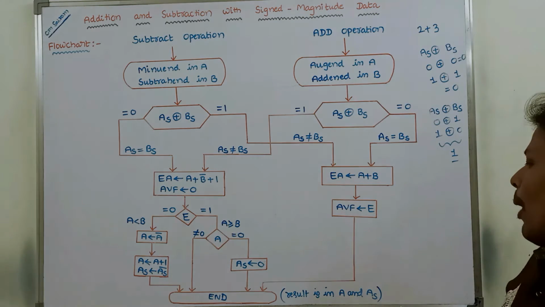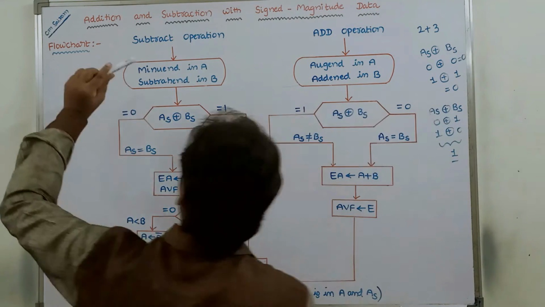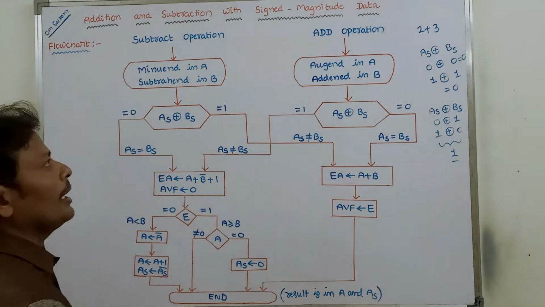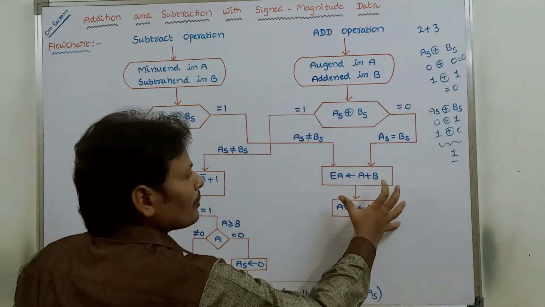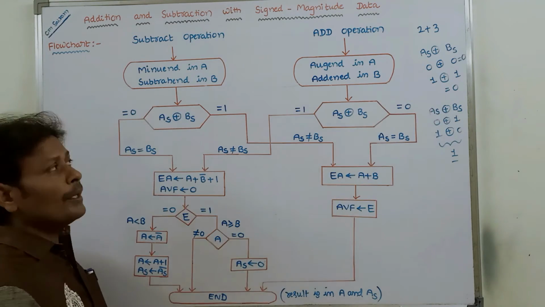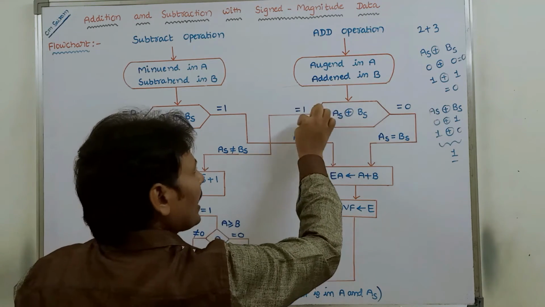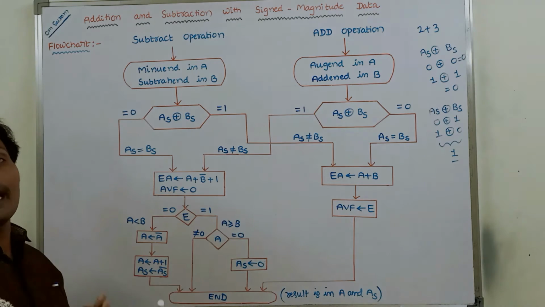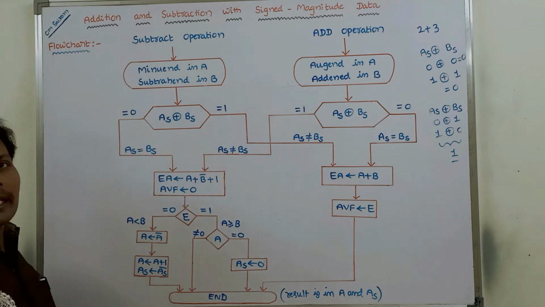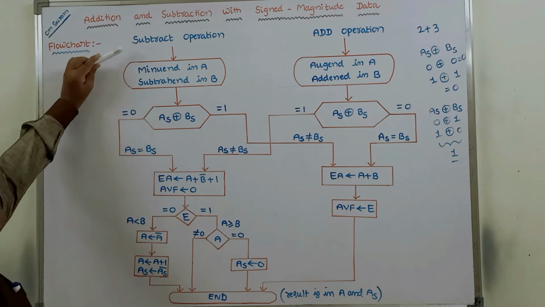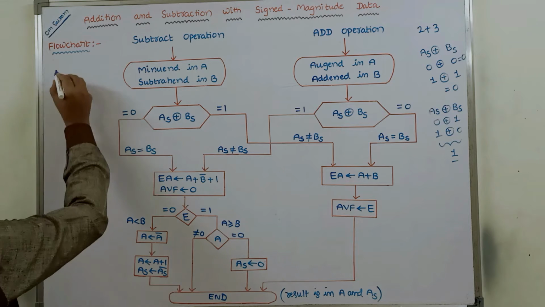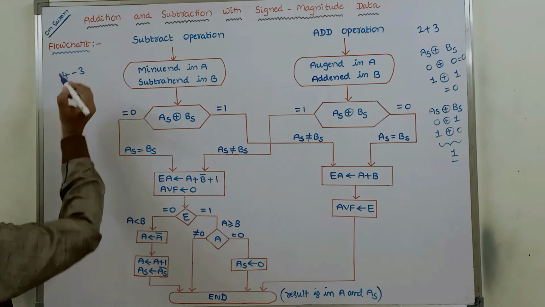Okay. Now we can go for the subtract operation. We perform the addition operation when both sign bits are the same, and the subtraction operation when both sign bits are different. Now consider the subtract operation. While performing subtraction, we require two numbers.